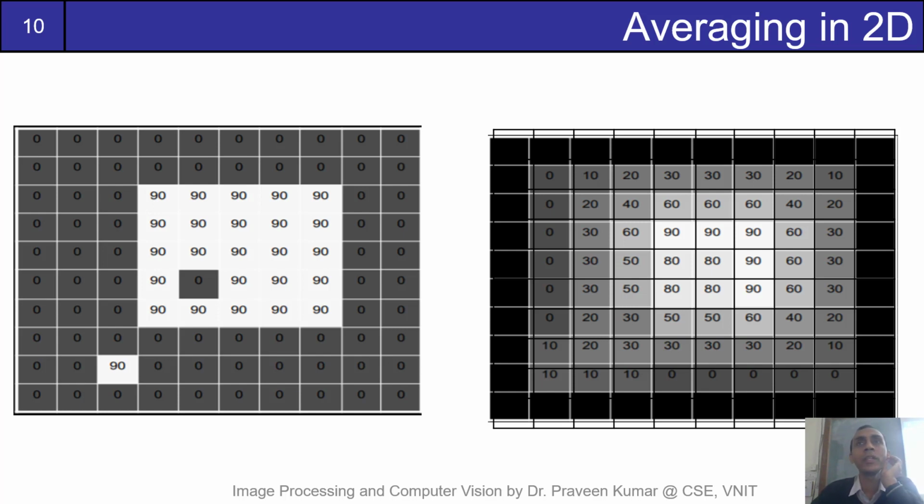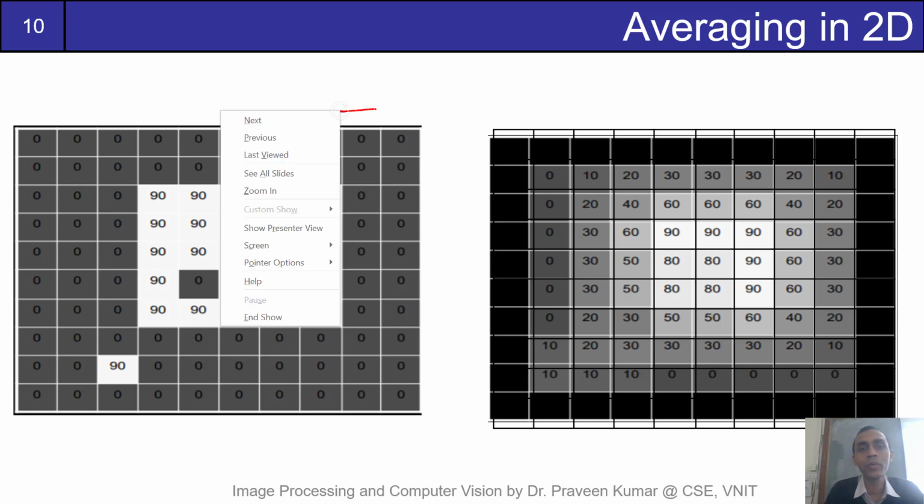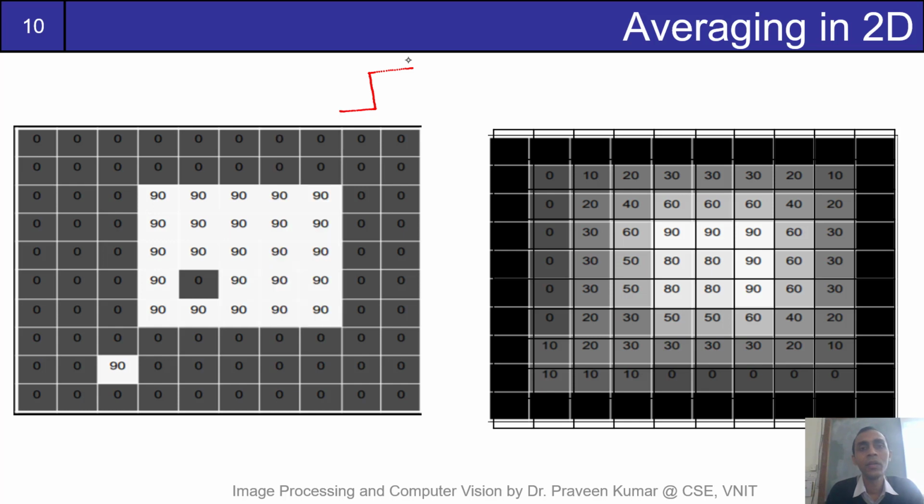But what is the effect on the image? It smoothens the edges. So whenever there is a sharp transition, for example here it's going from 0 to 90, that is a sharp transition.